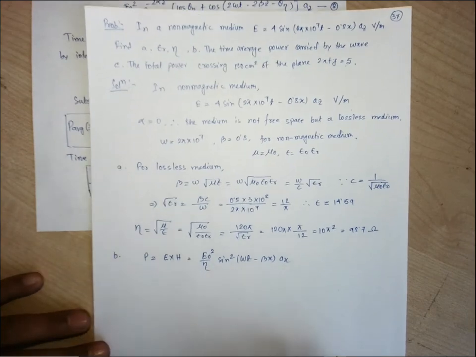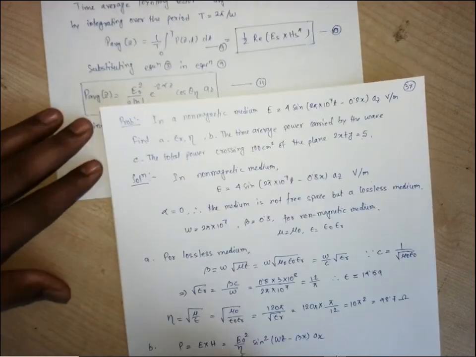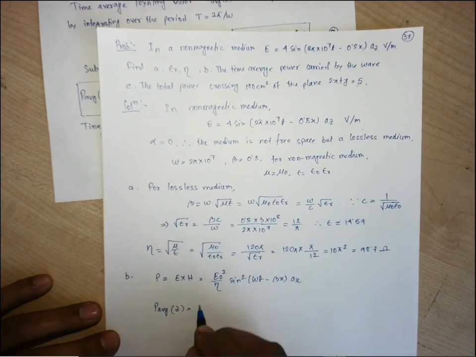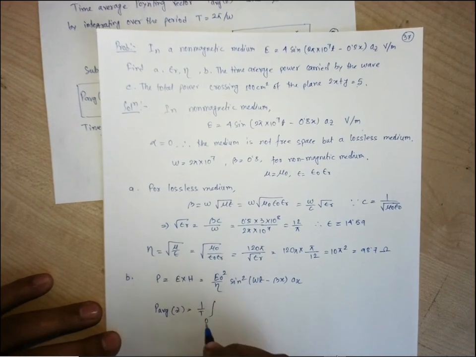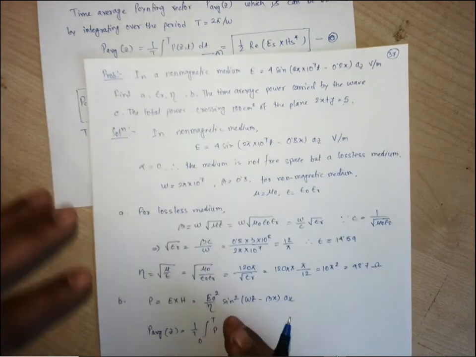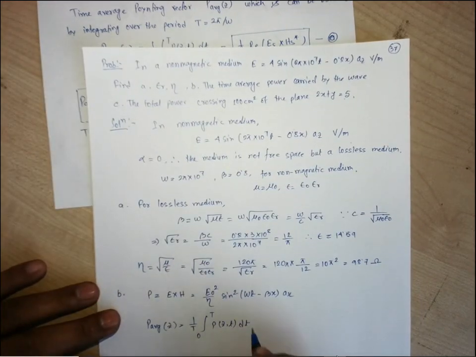So we need to find out the average value, the time average, P average. This one is 1 by T integration 0 to T of this Poynting vector P instantaneous value dt.